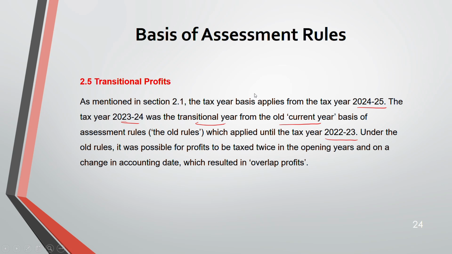Under the old rule, it is possible that your profits are taxed twice, in the opening years and when you are changing the accounting date, which resulted in overlap profits.